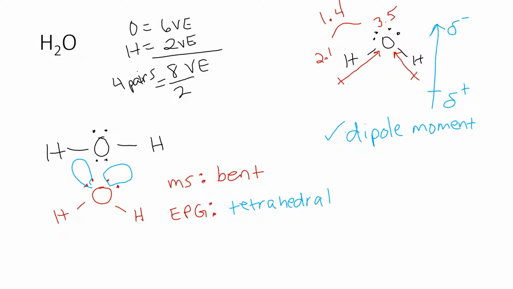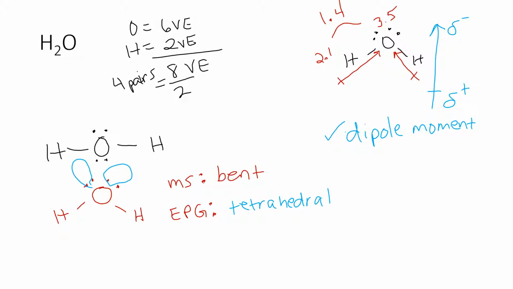What that means is that there's an uneven pulling of electrons by oxygen, making oxygen more electronegative than the hydrogens, which are more electropositive, because oxygen has a stronger electronegativity. So we have a partial positive and a partial negative end.